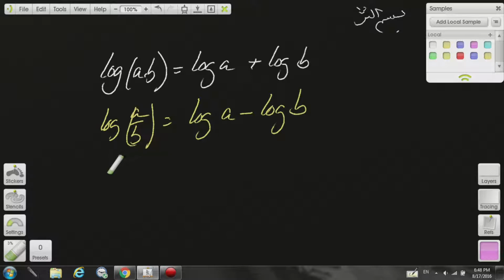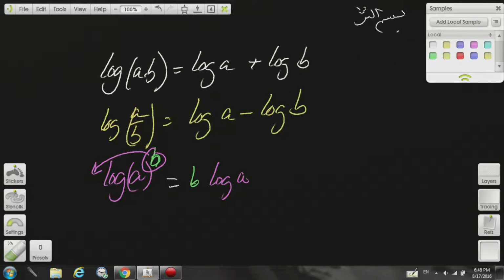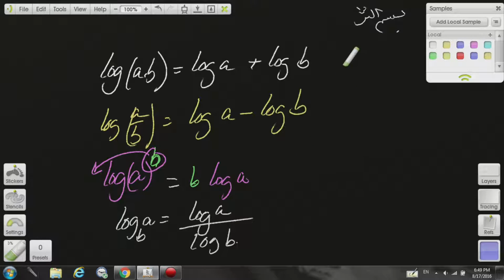And I had also suggested that log of a to the exponent b equals b times log of a. So the exponent comes up over to the front. And finally, log base b of a, you can convert that into log of a over log of b. We shall need these today in order to solve log equations.